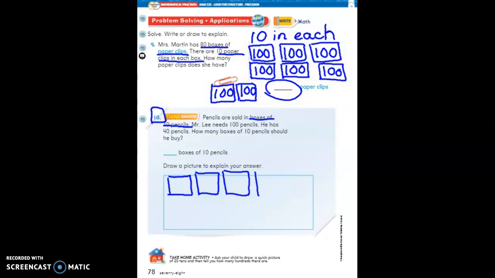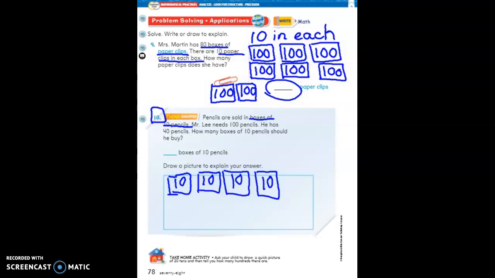So we're going to draw a quick picture here. And each of those, remember, he has 10 pencils in each. So we're going to say 10, and then we'll count. 10, 10, 10, and 10.